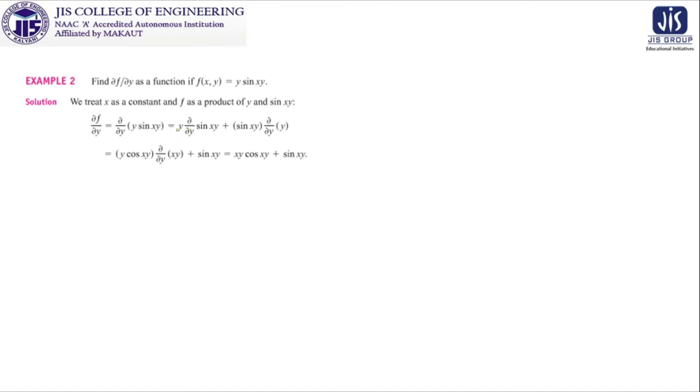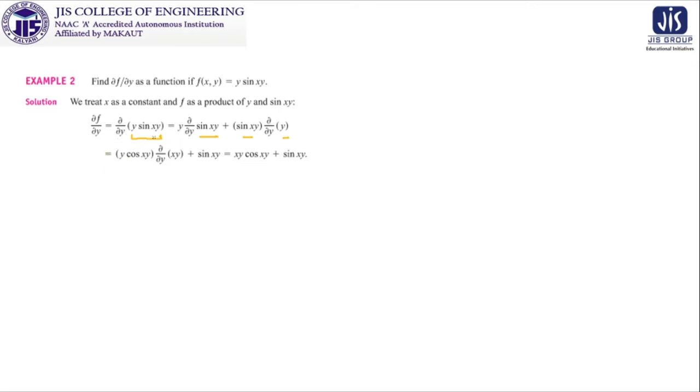Now look at this. It is the uv form. So y is kept as constant and del y of sine xy is written. Then sin xy is kept as constant and del y of y is written. So it is nothing but the application of the uv form. After that we apply the concept of partial differentiation.